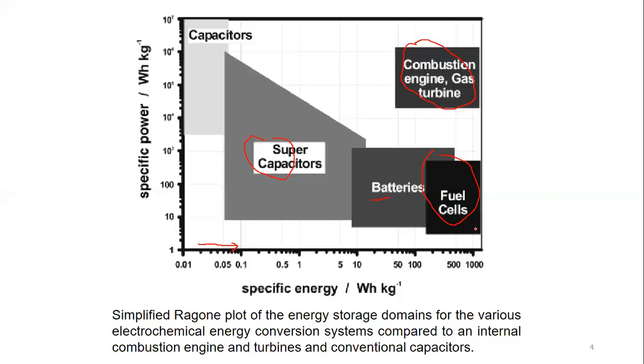Keep in mind the working principle of the supercapacitor is not the same as that of batteries and fuel cells. If you are more interested, there are some good reviews written on supercapacitors, and they are basically charge storing devices. Batteries can also be called charge storing, but the fuel cell is a conversion device.